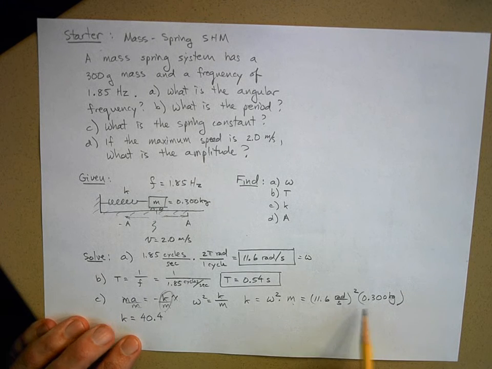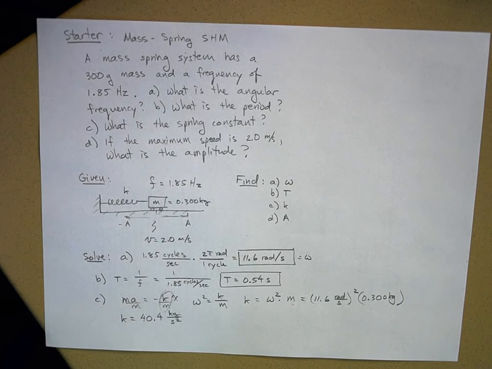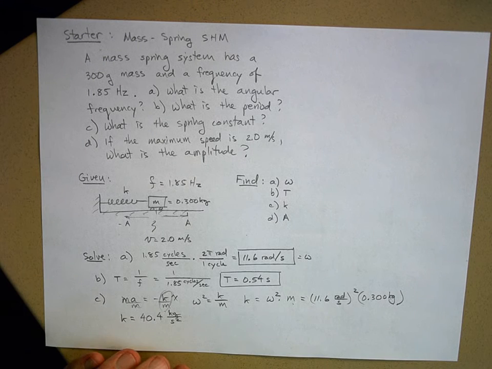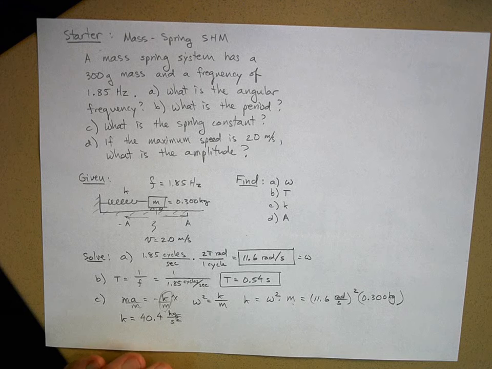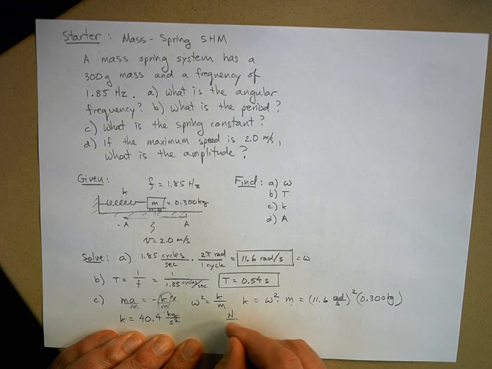Now let's take a look at units. This is kilograms per second squared. What the heck? But really it should be newtons per meter. Remember the spring constant is how much force you need to stretch it 1 meter. So let's check the units. That's newtons per meter.